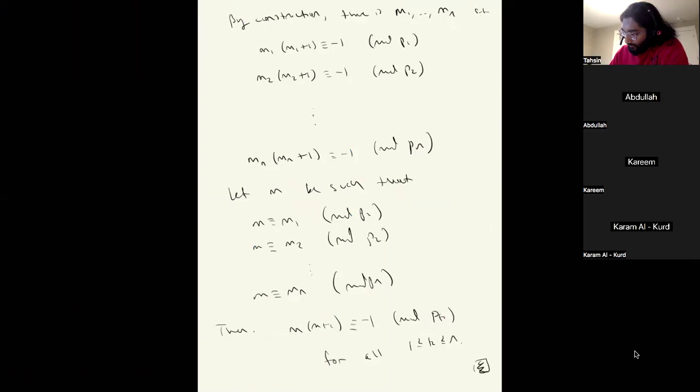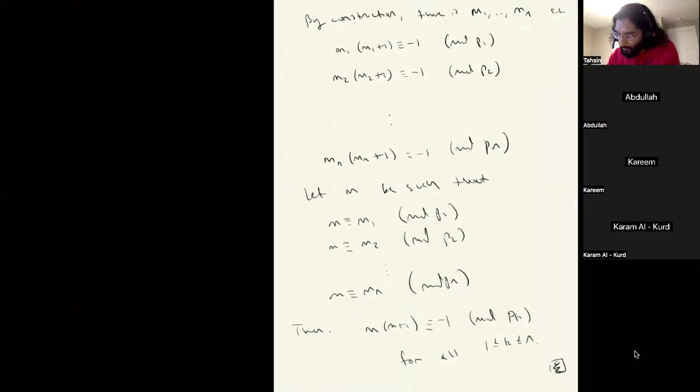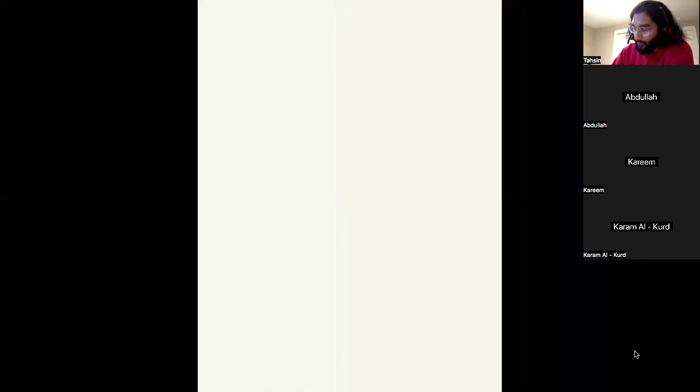So now I think we have number 19. 19 is the one I promised I would explain how to solve. So let's recall problem 19. Maybe I forgot how to do this.